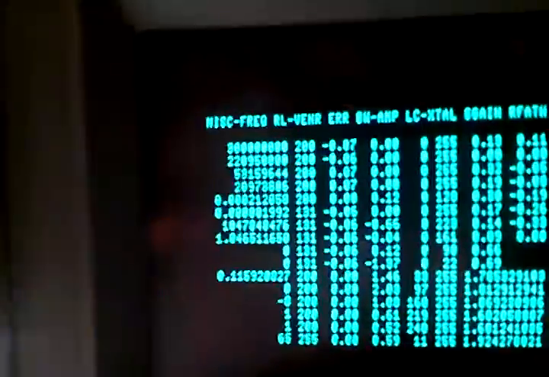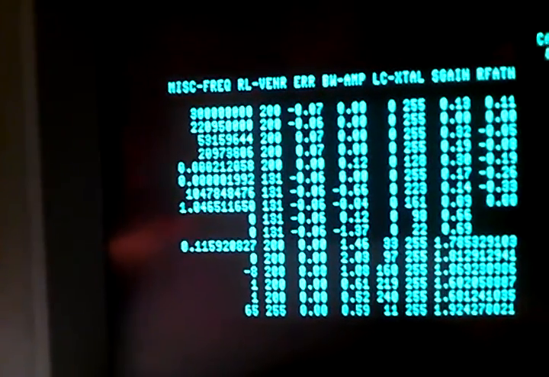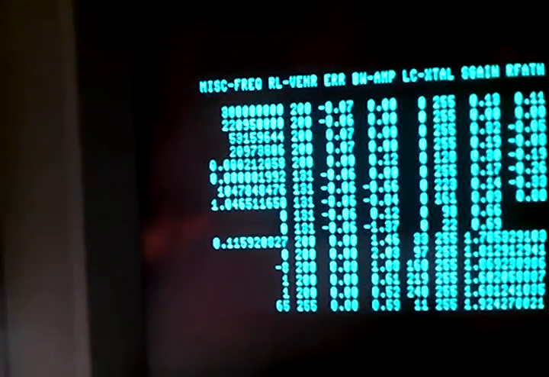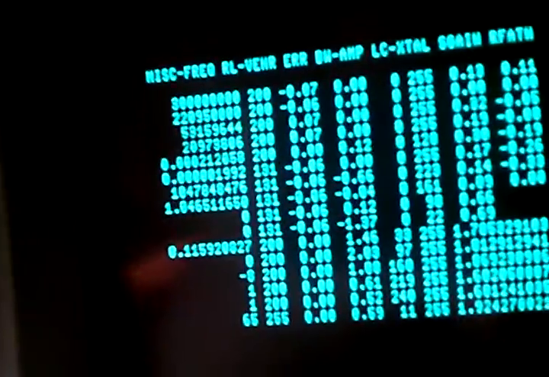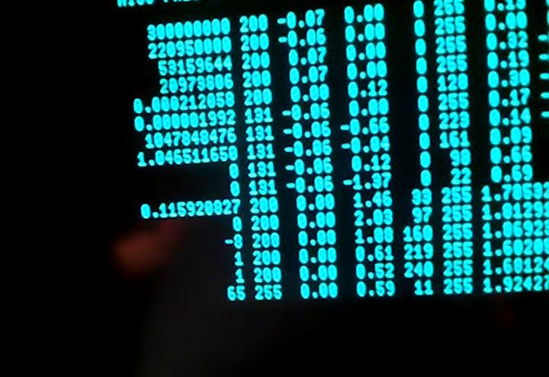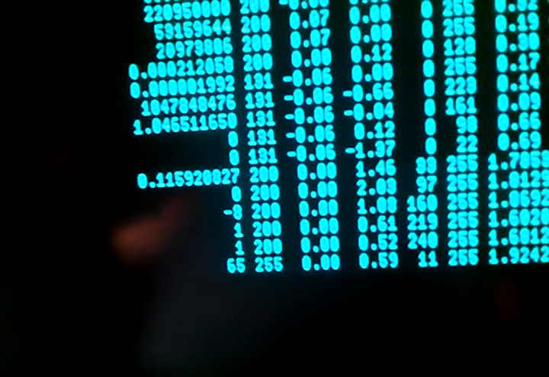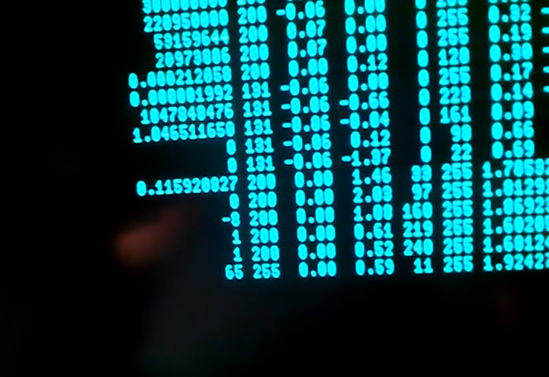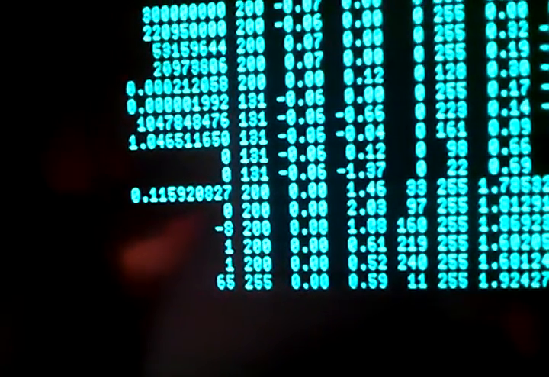Now, I don't know if you can see that or not. I'll try to hold it steady. That one column, which says BW amp, that's bandwidth amp, is an offset calibration constant, or coefficient if you want to use mathematical terms. Each one of those figures, not the top figures but towards the bottom, represents an offset coefficient for the bandpass filters at a certain bandpass frequency.